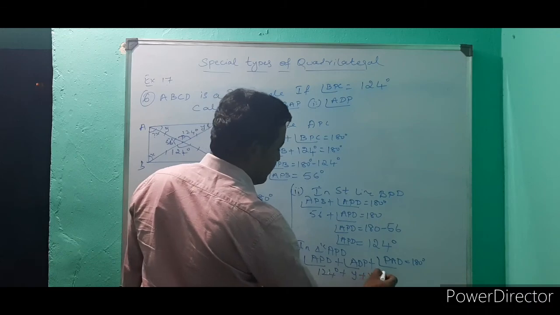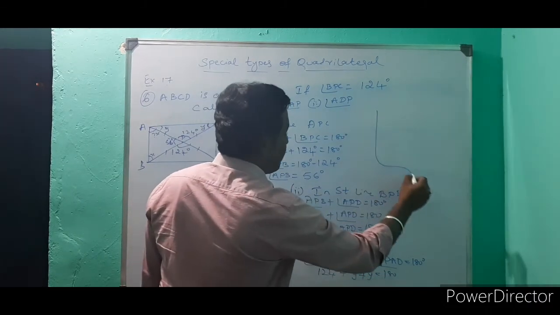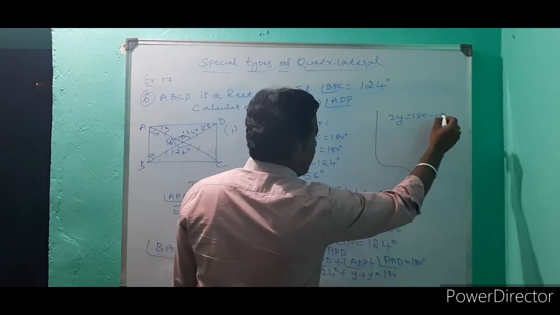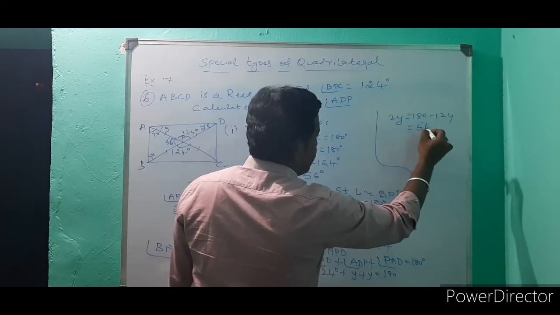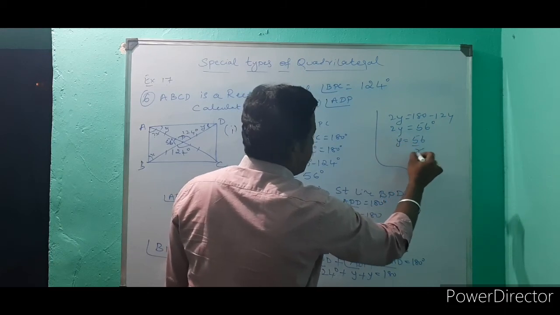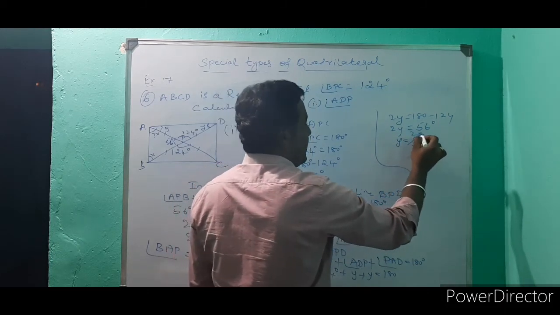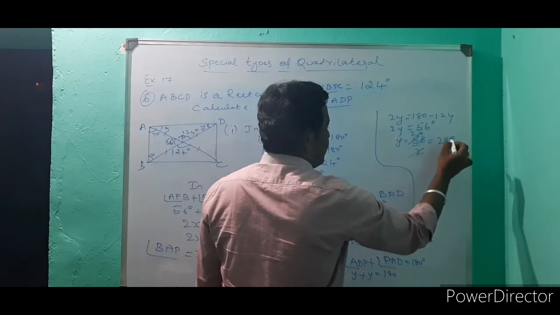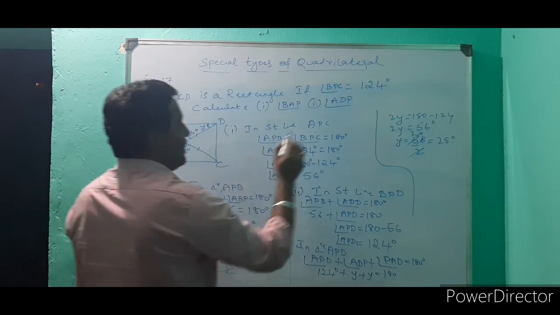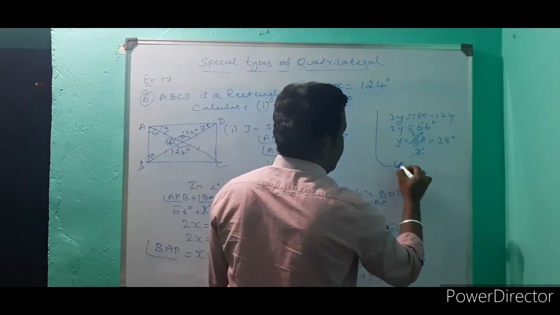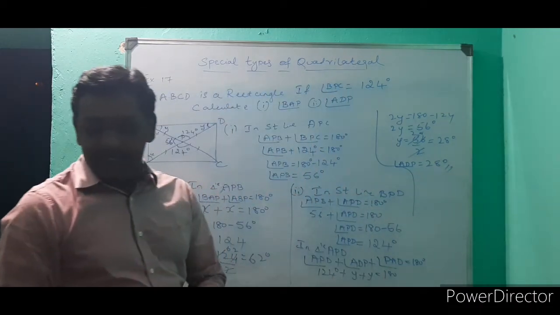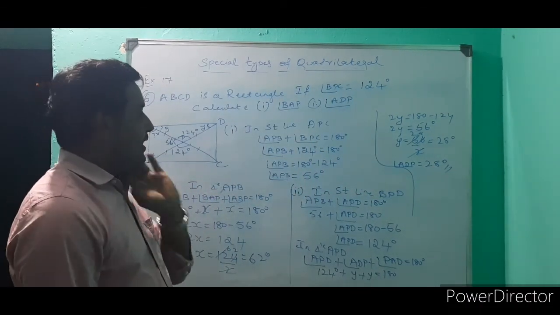These two we consider as y and y. That is 2y is equal to 180 minus 124, that is 56. Y is equal to 56 divided by 2. 2 twos are 4, 2 eights are 16, that is 28 degree. Y is equal to what here? Angle ADP is equal to 28 degree.